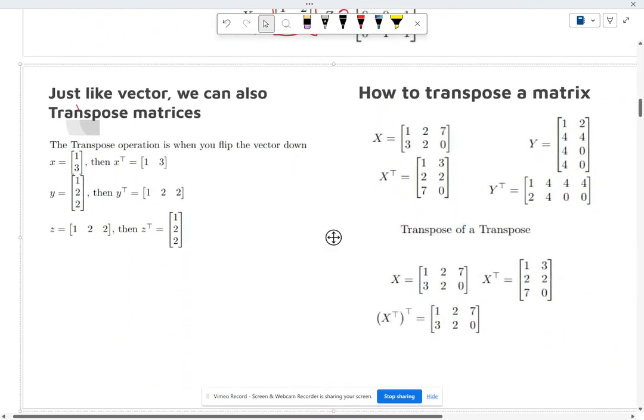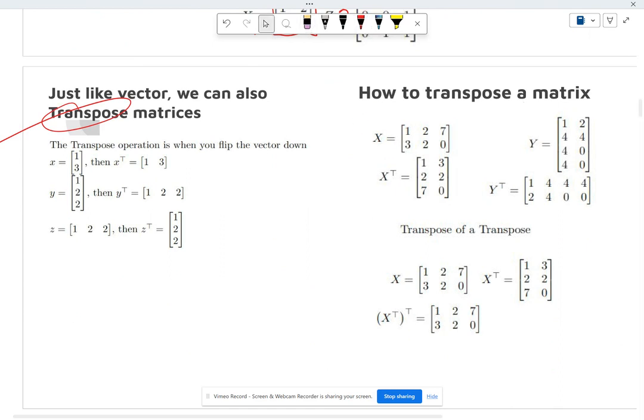Just like vectors, we can perform a transpose. So how do you transpose an X? Well, the way you transpose a matrix is symbolically by adding a little t for transpose. So now you have a little t, and what you do is that you take the first row and turn it into a column.